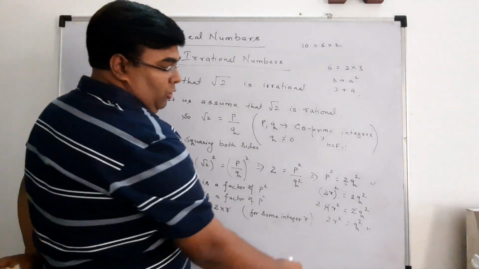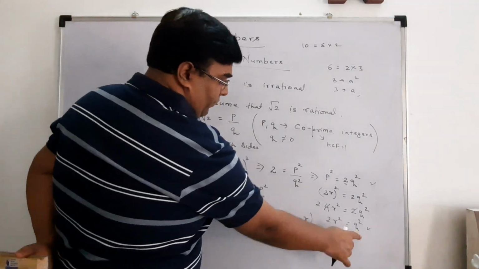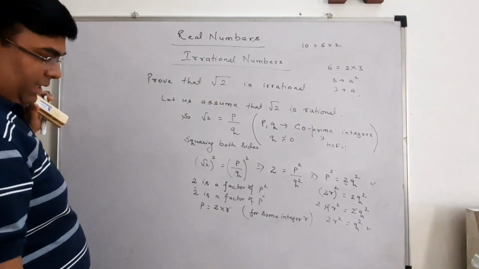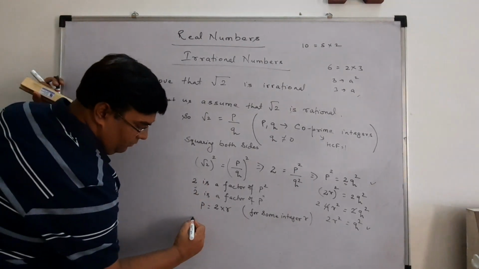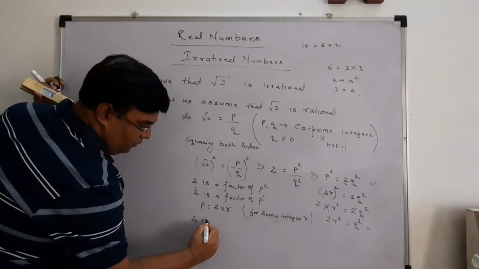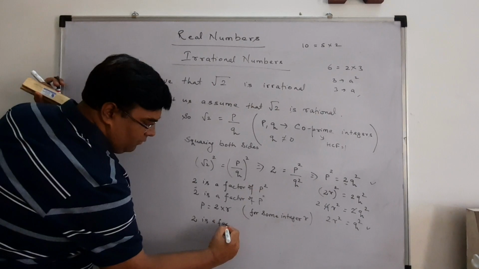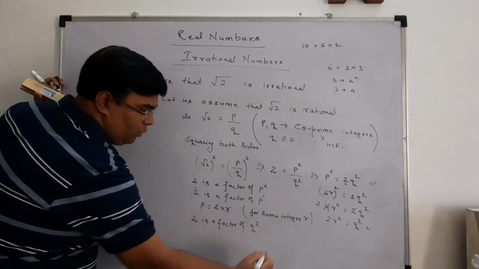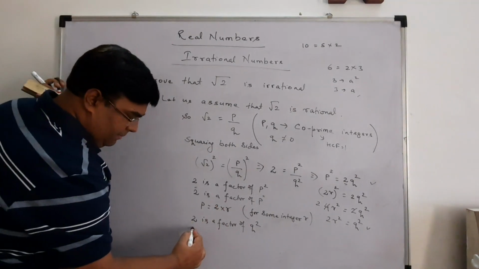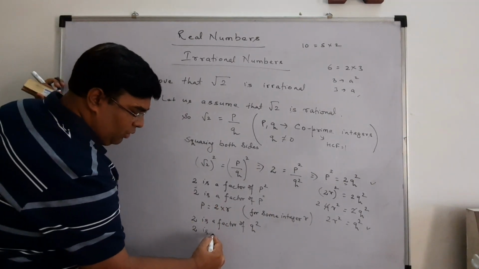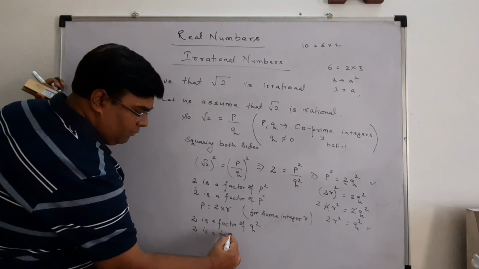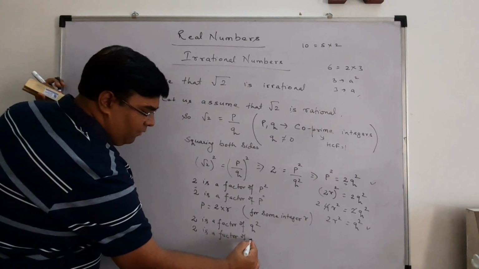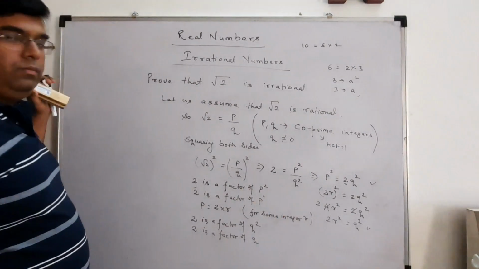Now again the same situation like this. We can say 2 is a factor of q square, right? Again we can write 2 is a factor of q square. Next step, 2 is a factor of q.